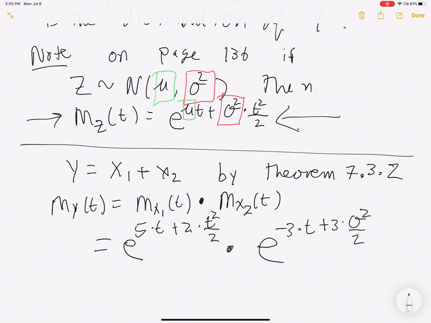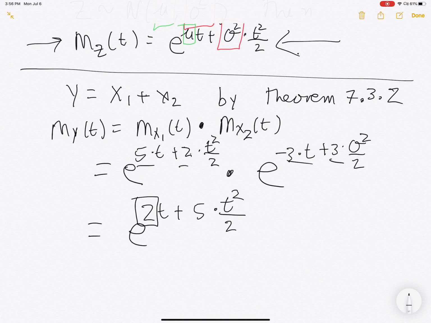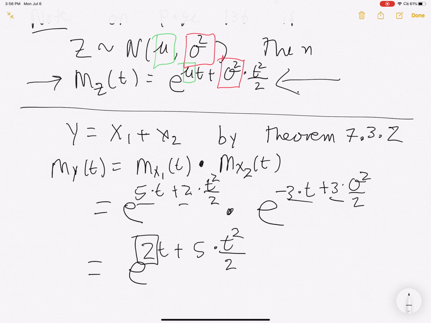Okay, now I can combine these two to get e to the 2t, combining these two, plus 5 times t squared over 2, combining these two. Now this has the same form as the moment generating function described here.